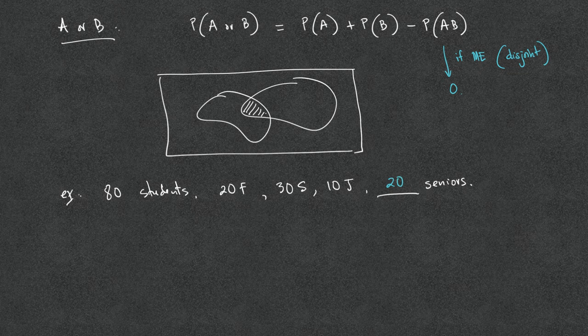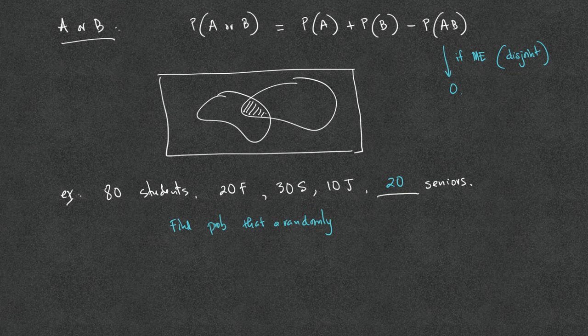If we were to randomly pick one, what is the probability that... Probability is the chance that a random phenomenon occurs. So when we talk about probability, we always talk about randomness.